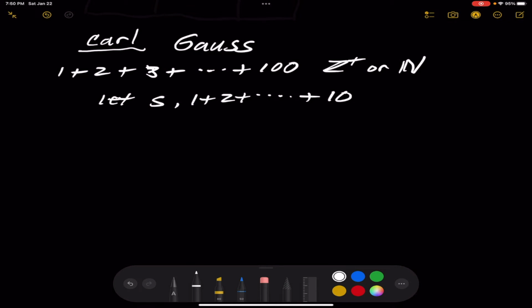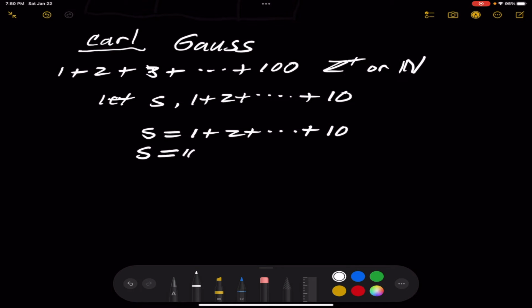So he took that sequence of numbers, that sum, and made it equal to S: 1 plus 2 plus ... plus 10. I can't remember exactly the story of how he figured this all out, but he had another sequence, S, but in reverse order.